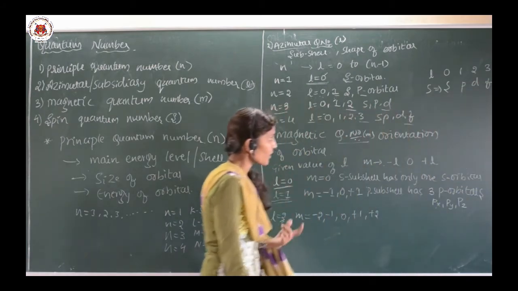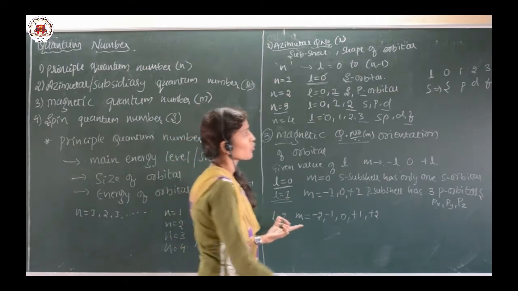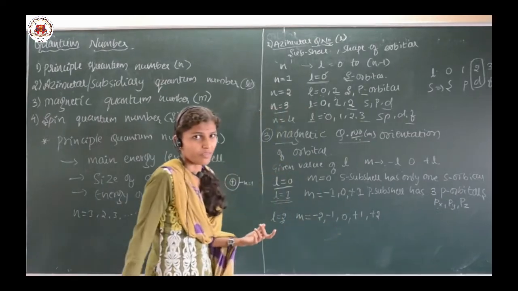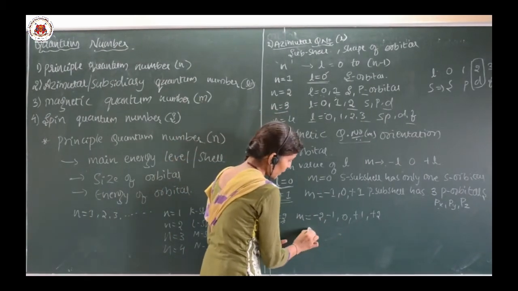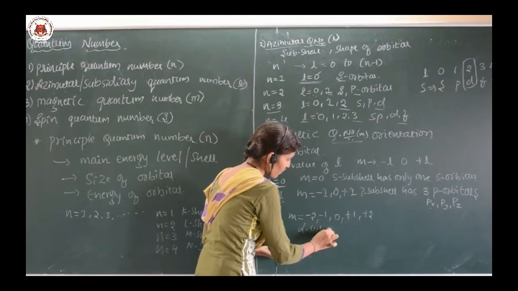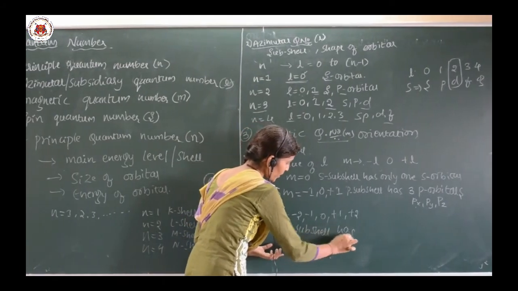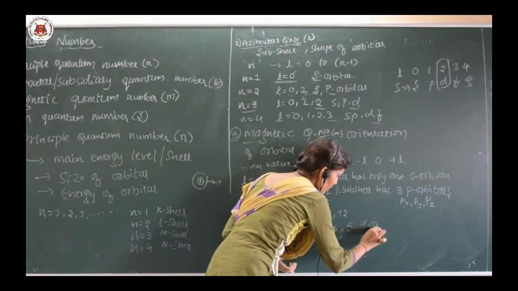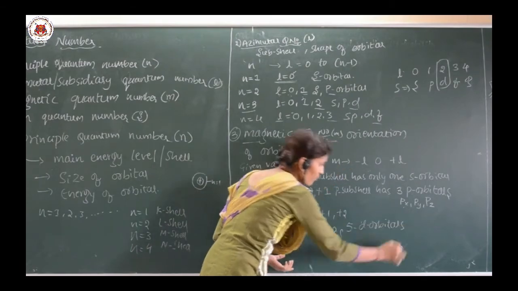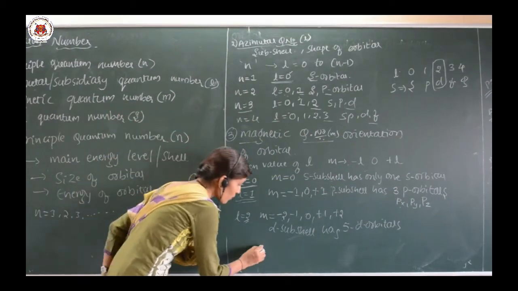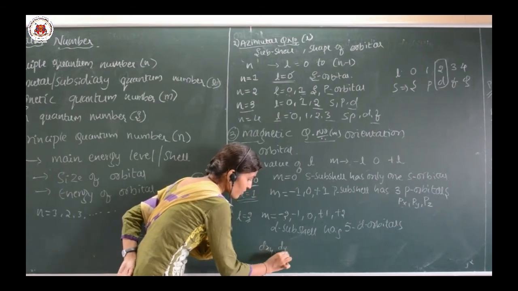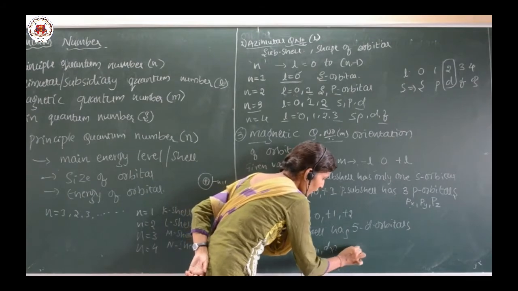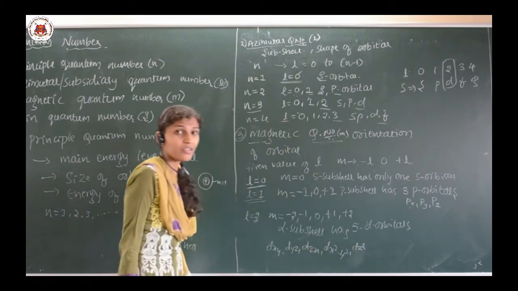Now we have l equal to 2, the d subshell. It indicates that the d subshell has 1, 2, 3, 4, 5, 5 d orbitals. Which are those? dxy, dyz, dzx, dx square minus y square, and dz square.